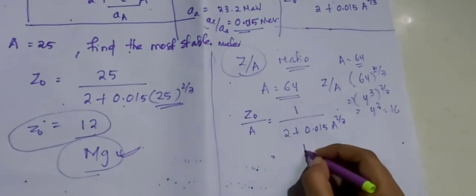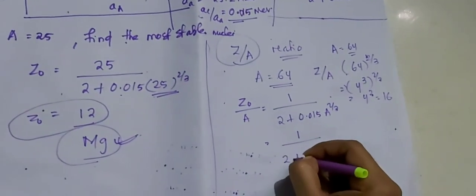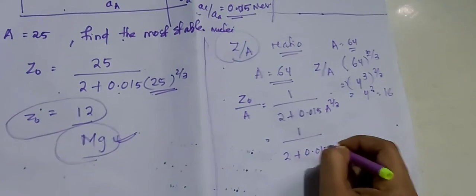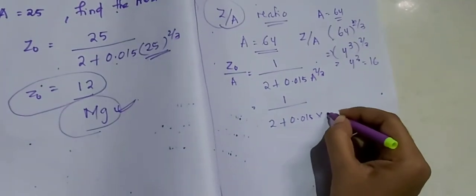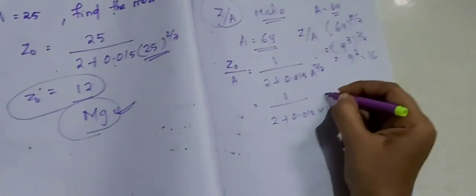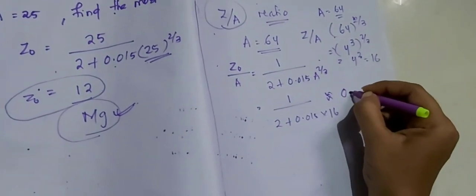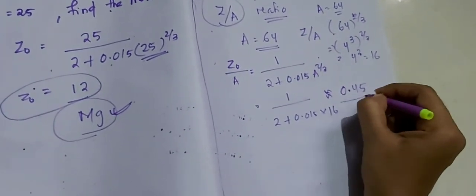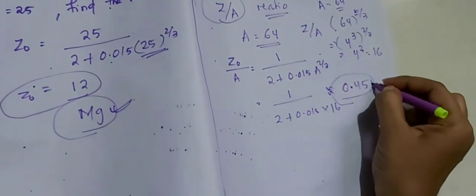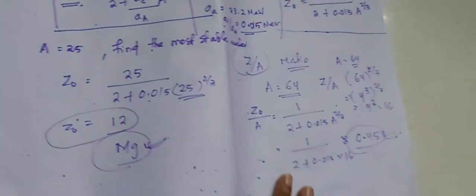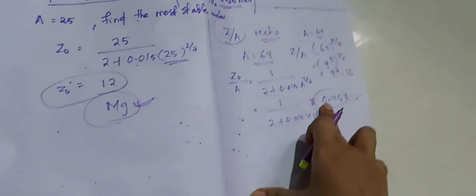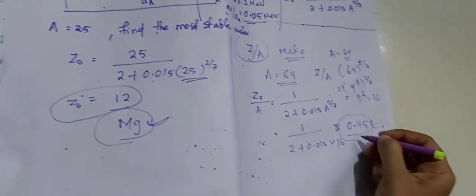So if I do a little bit of mathematics here, 0.015 into 16, I will get around the value 0.45. There is an option in the question, and that is 0.45. So this will be my answer.